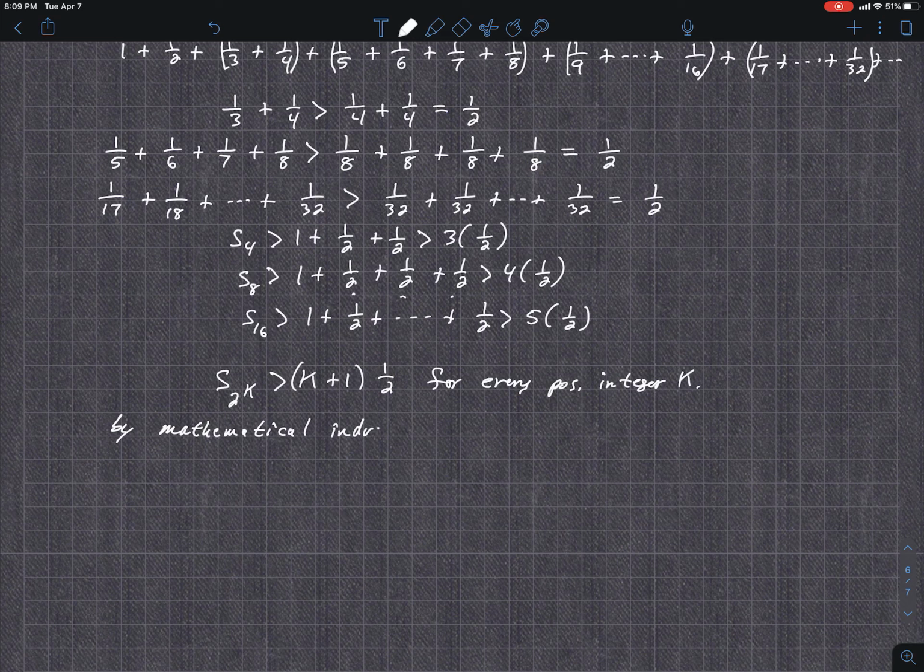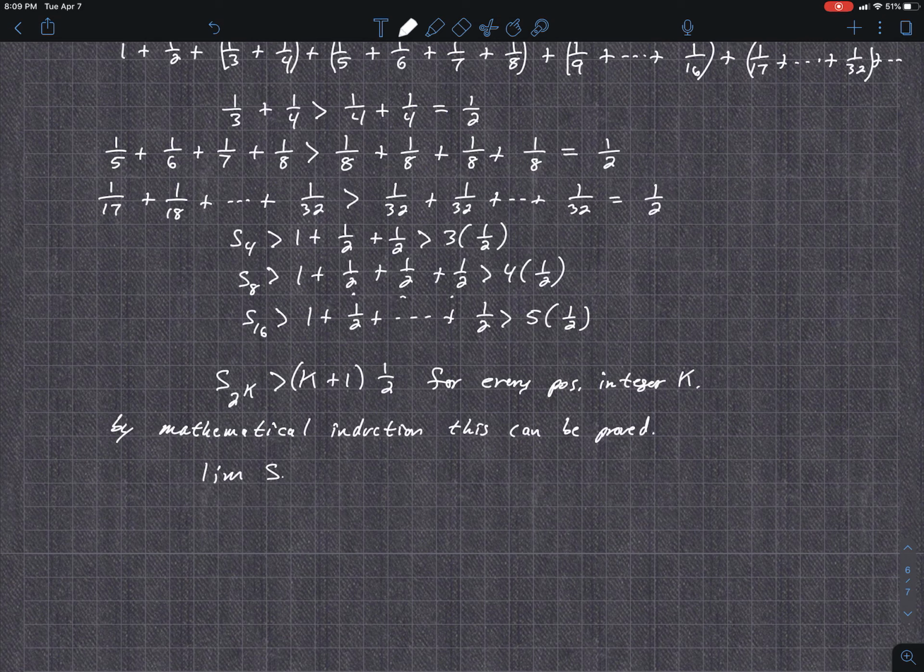By mathematical induction, this can be shown as true. The statement above can be proved.